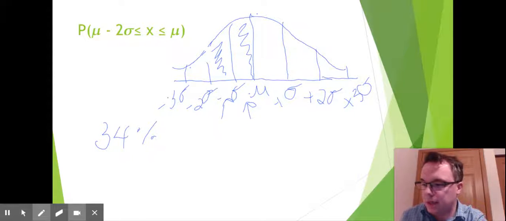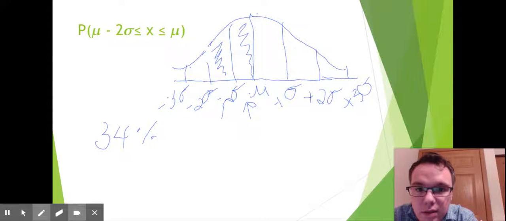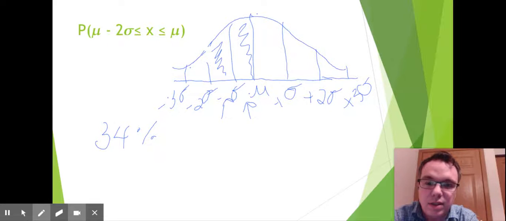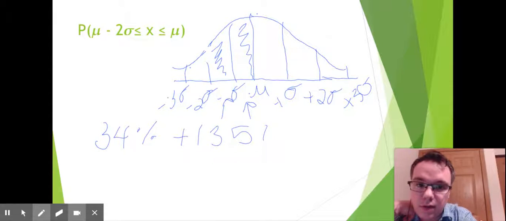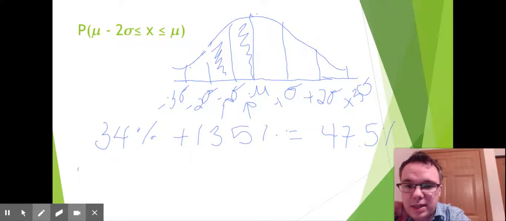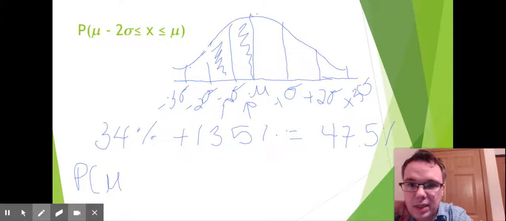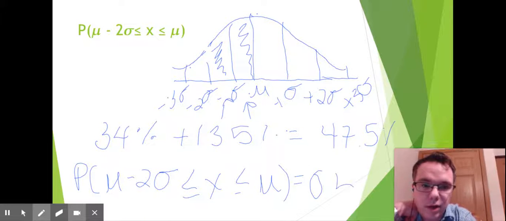And between -2 standard deviations and -1, that represents 13.5% of our data. So if we add those 2 numbers together, we get 47.5%. And if we move our decimal place twice, that means the probability of our data point being between 2 standard deviations below the mean and our mean is 0.475.